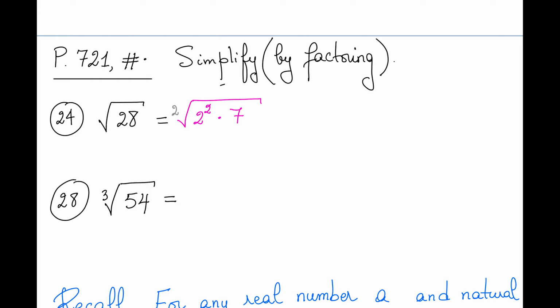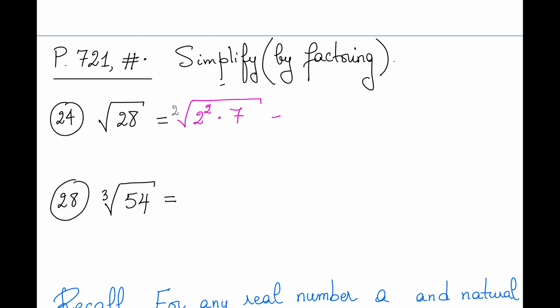Okay. So I need to simplify it, which means they're telling me in some sense that this guy, 2 squared times 7, which is 28, has a perfect second power. It's apparent at this point. The 4 is a perfect second power, which divides this radicand 28, correct?